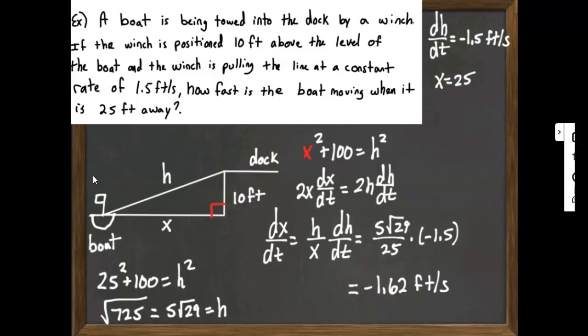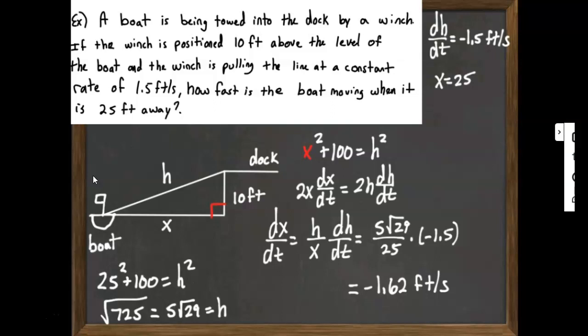So it's moving a little bit faster than the rope is being pulled in. That's coming from that fraction h over x, because dh/dt is constant.